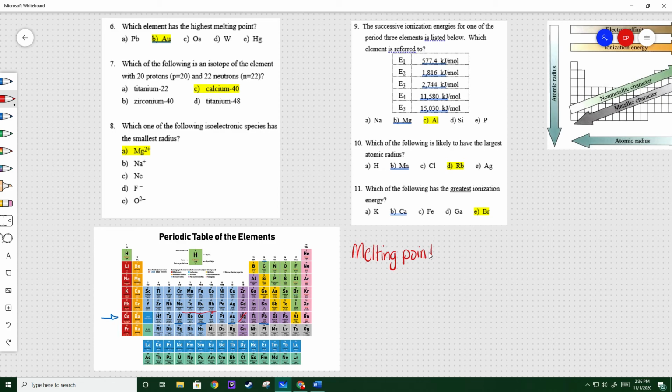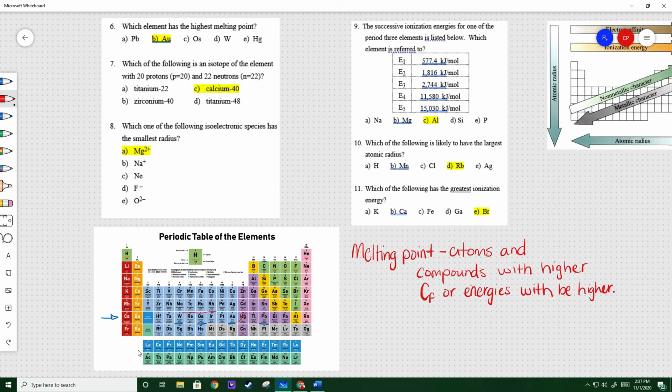And remember, for melting and boiling point, what dictates them is the atoms and compounds, but it's a little weird.